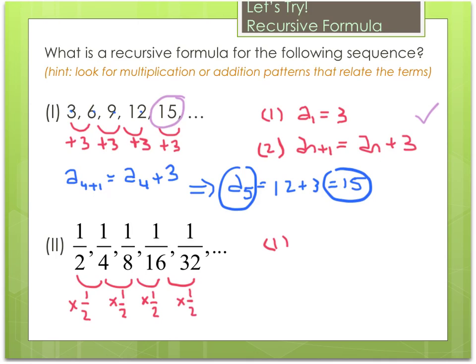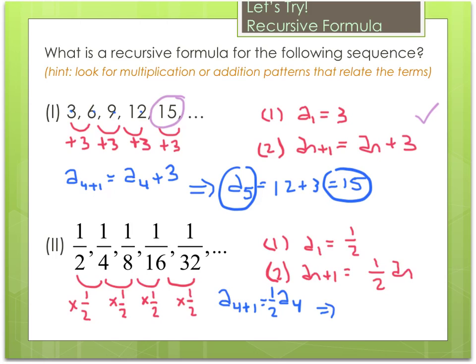So my initial condition is that a sub 1 had to be 1/2. My recursive formula, well, how do I get to a sub n plus 1? Well, I'm taking a sub n and I'm multiplying by 1/2. So let's check to make sure that's right. Let's say I want to find a sub 5. So that means I have to do a sub 4 plus 1 equals a sub 4 times 1/2.